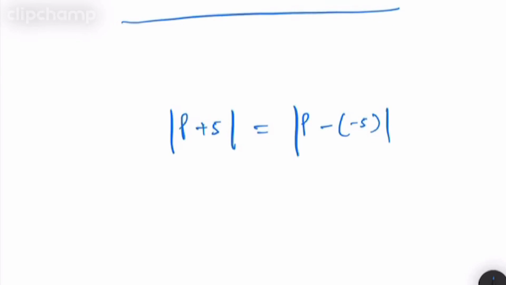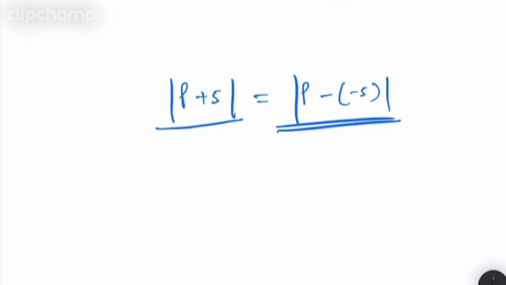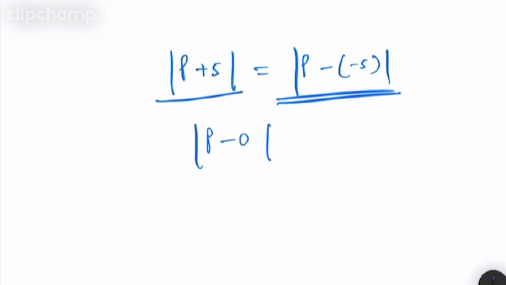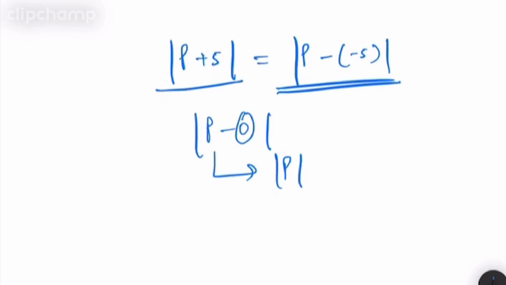Why are we representing mod of p plus 5 like this? Because the standard notation for writing any mod value, any value inside mod, is like this. When there is nothing, when it is 0, it is represented as mod of p.